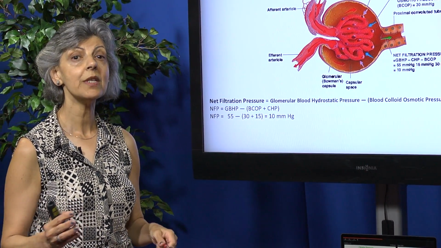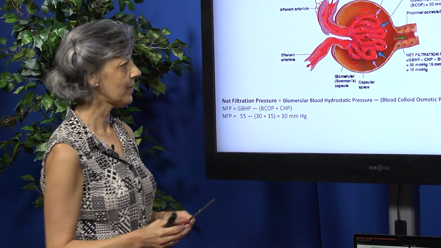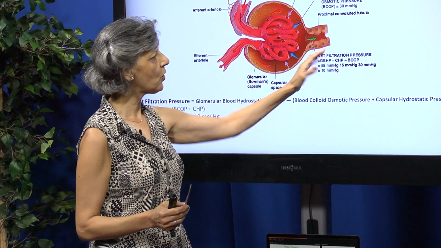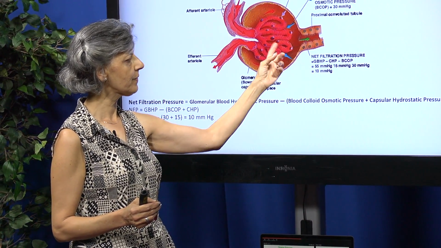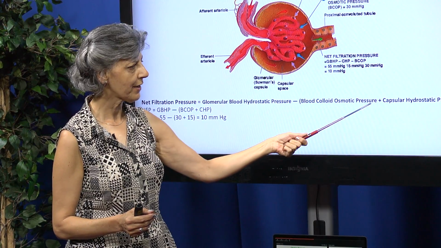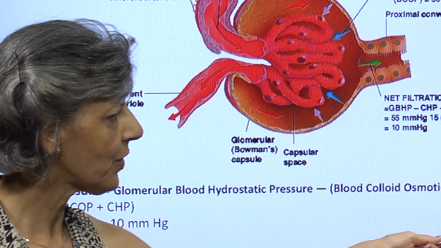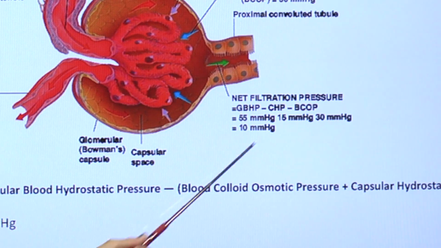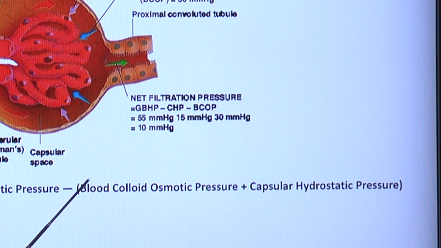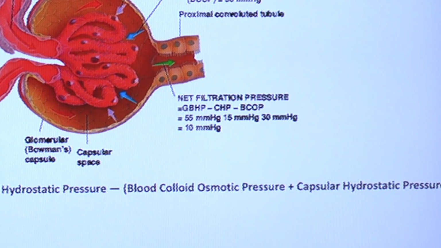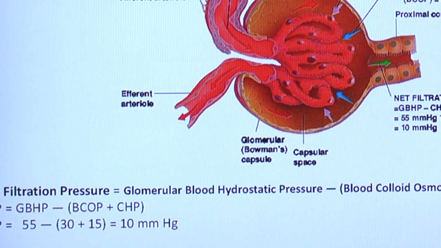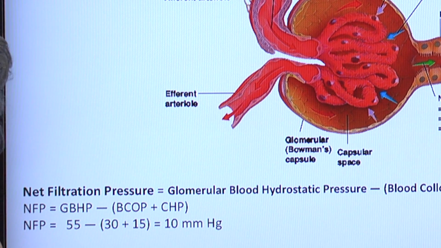How do these three pressures work together? We are going to add the two pressures that are opposing the filtration. So we're going to add the blood colloid osmotic pressure plus the capsular hydrostatic pressure. These two pressures oppose filtration. We're going to add these, and we're going to subtract them from the glomerular blood hydrostatic pressure, which wants to do filtration.